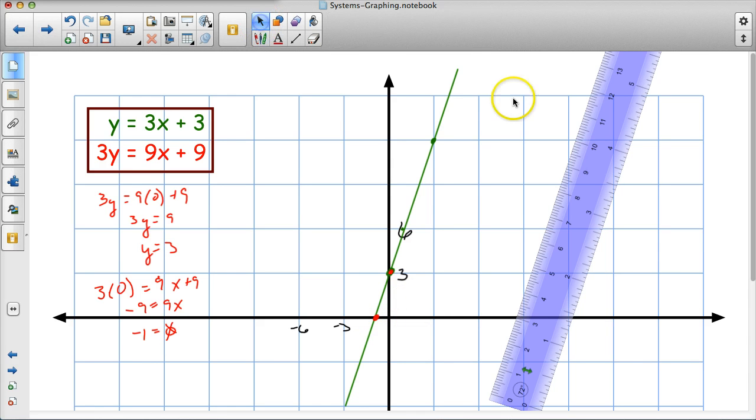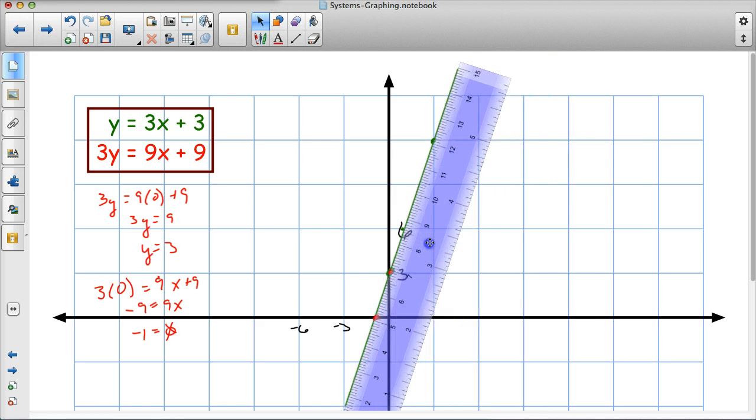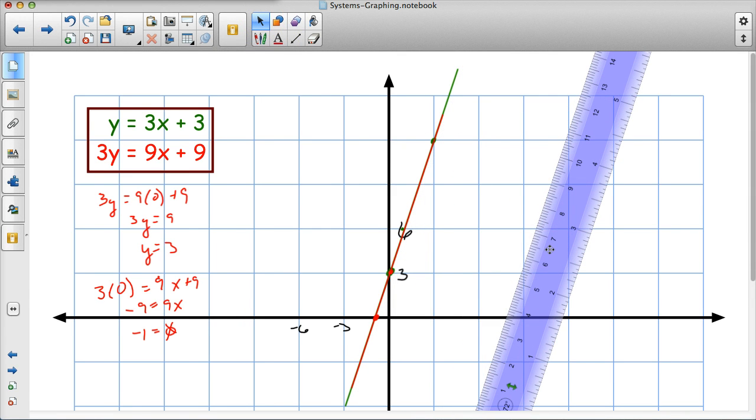Now, hopefully you notice something kind of odd here. When I graph the line, notice it's the same line I graphed before. Some of you might be saying, yeah, you already saw that.